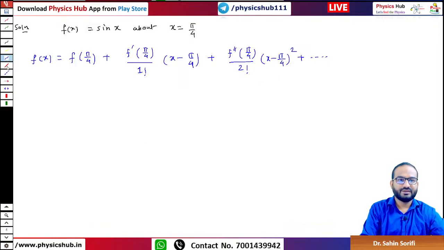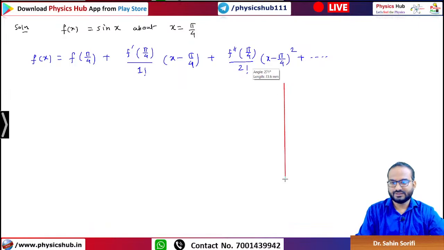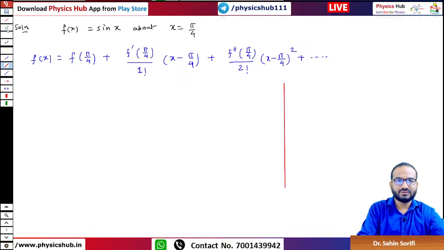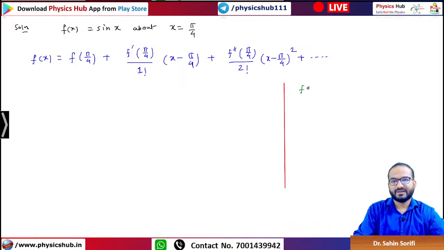Okay. Now let us evaluate it here. What will be the value of f of pi by 4? If f of x equals sin x, then f of pi by 4 equals sin pi by 4.